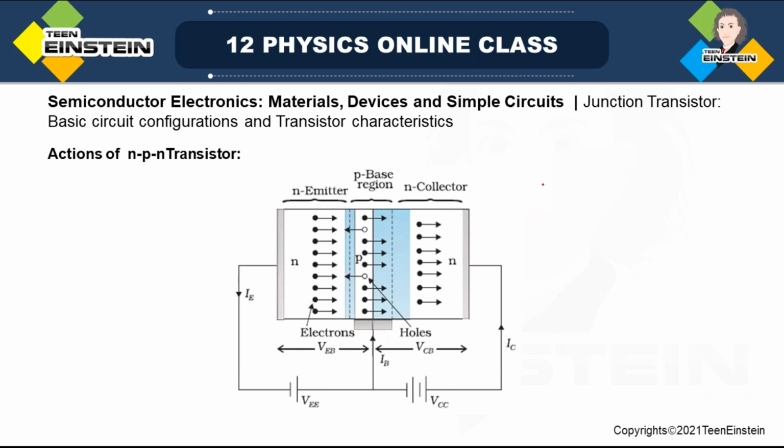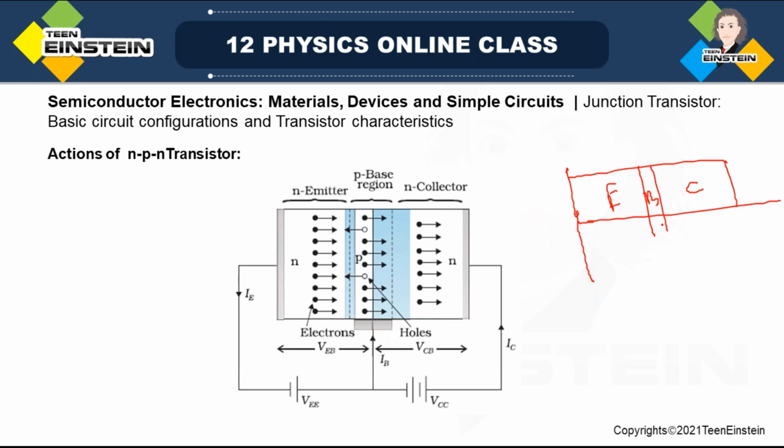Since it has three terminals, emitter, base and collector, for transistor operation we have to take any one of the collector, base or emitter as common, and then we have to make it ground, or give it zero potential.